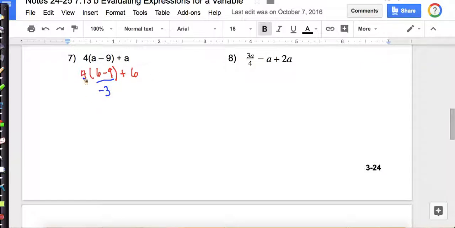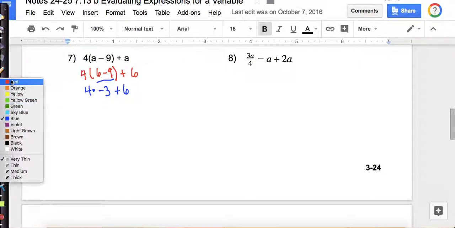Now remember, when a number is in front of parentheses, that means multiply. So I'm going to bring down the 4 and put a dot for multiplication. So 4 times -3, and also bring down the plus 6 because I haven't done anything with that. And notice when I did 6 minus 9, I got rid of the parentheses because remember the parentheses disappears when I'm down to one number.